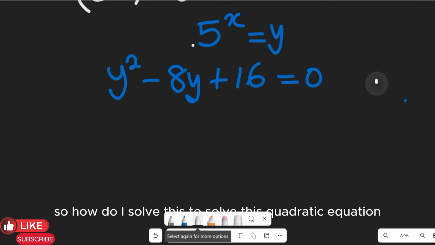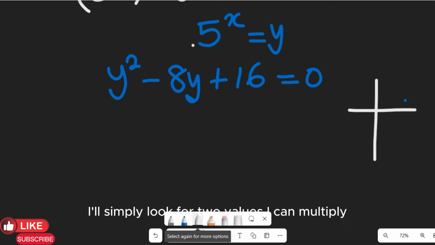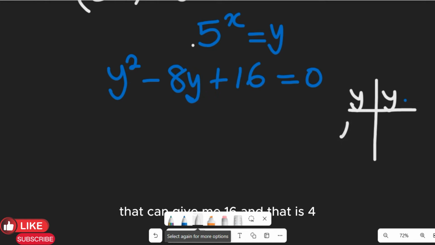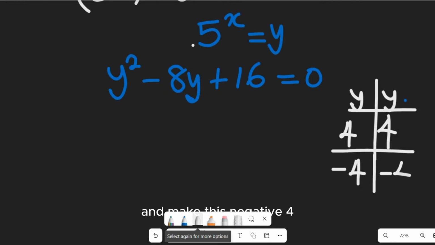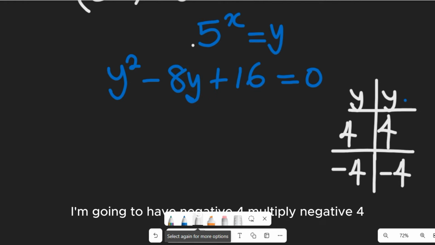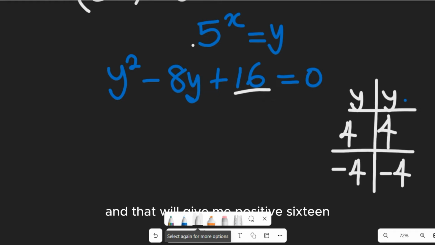To solve this quadratic equation, I'll simply look for two values I can multiply that give me 16, and that is 4 multiplied by 4. If I make both of them negative, negative 4 multiplied by negative 4 will give me positive 16, while negative 4 added to negative 4 will give me negative 8.